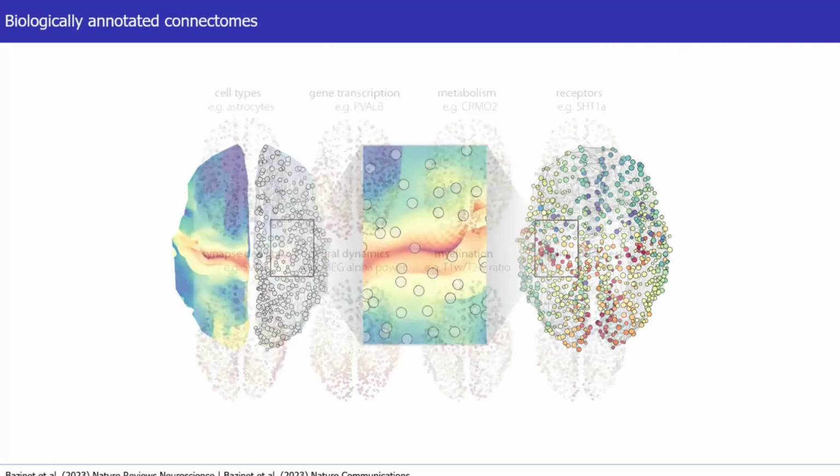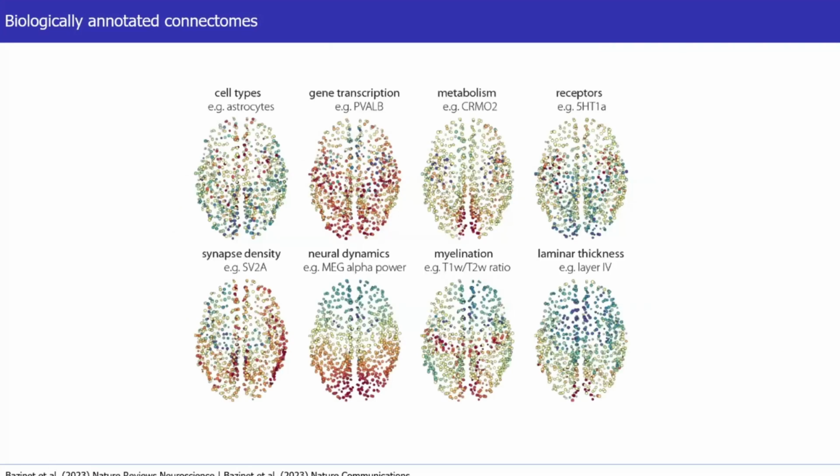And so we can generate annotated connectomes for all of the things that we just talked about, different features of dynamics, myelin, metabolism, and so on. What that does for us is that it allows us to ask newer questions that get us a little bit closer to the biology.